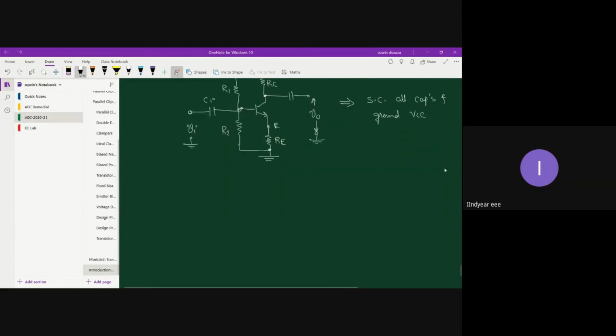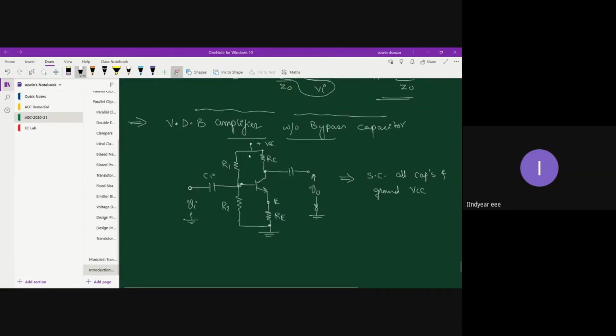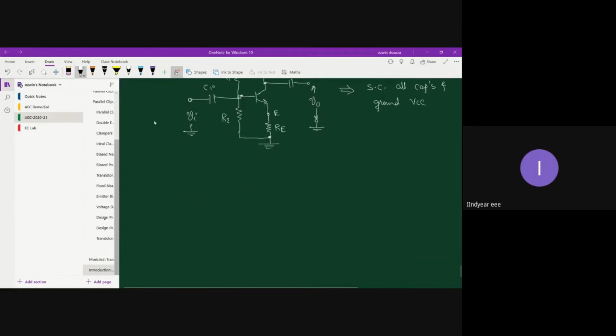I will not draw the equivalent circuit because by now you must have understood how you connect the other ends of R1 and RC to ground, because VCC will be at ground potential, and CI and CO will be replaced with straight wire or short circuit equivalents. Now, when I include all those steps, the circuit I'm going to get is this.